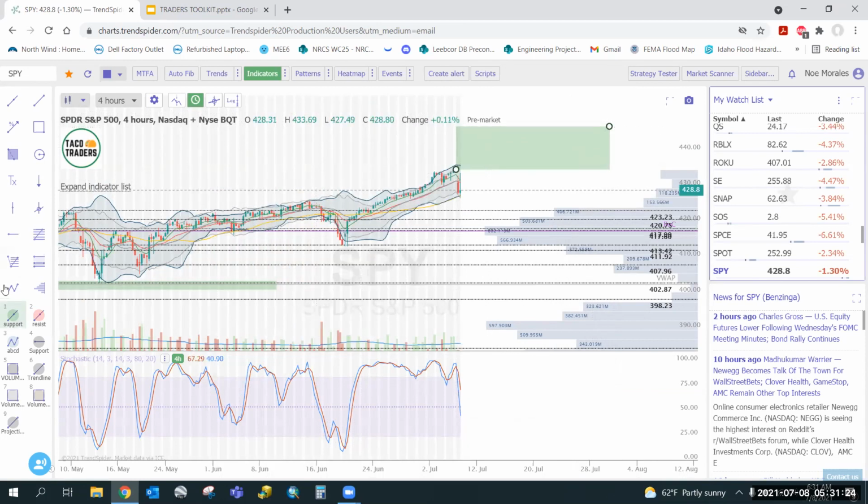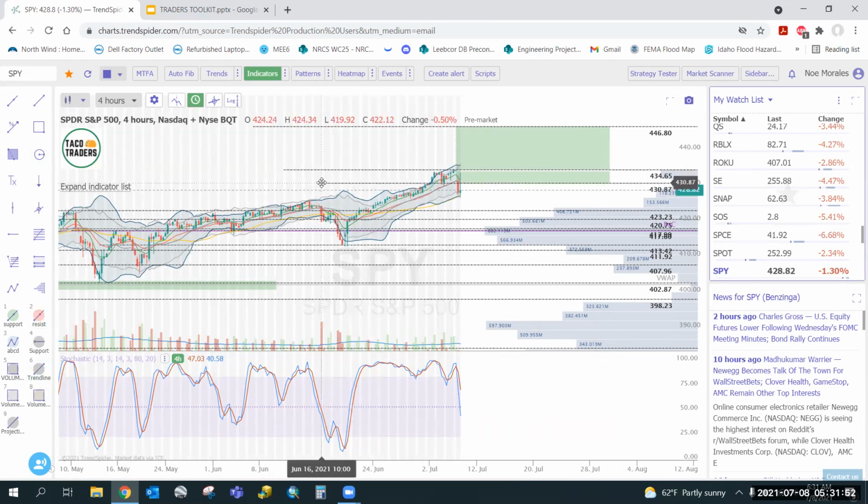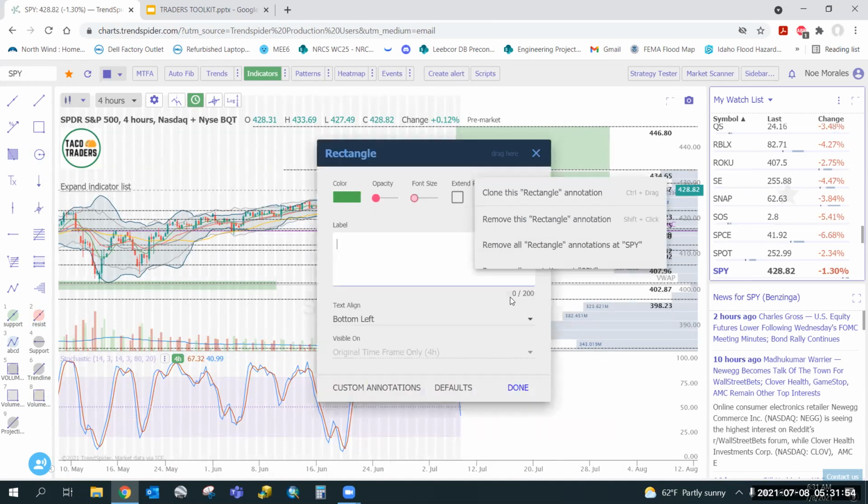Typically, you can use the top of this box as the previous all-time high. Then this level here, your entry, is going to be that breakout level. And then you set a stop loss, or in this case the risk, slightly less. You can also use levels for that. So this will be red.